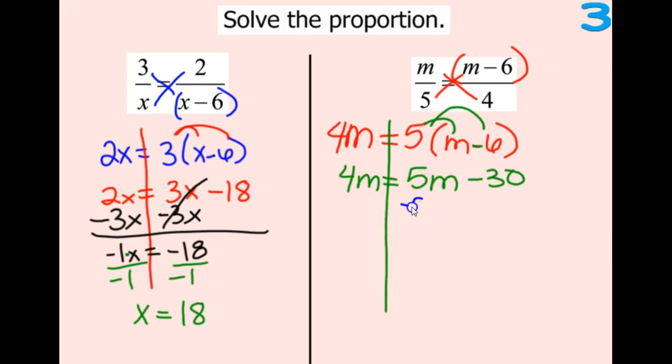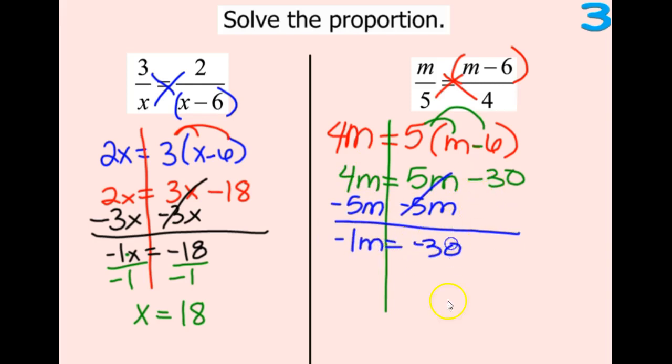I'm going to move the 5m over, subtract 5m. 4 minus 5 is a negative 1m. And we have negative 30. And then last, the opposite of multiplying by negative 1 is dividing by negative 1. So that gives us now a positive 30.